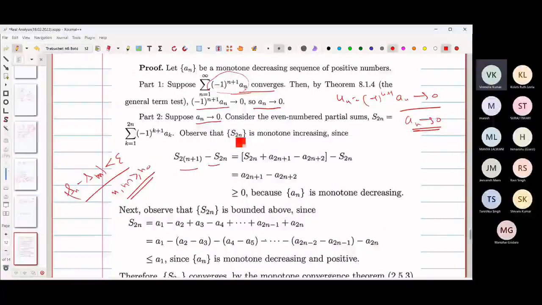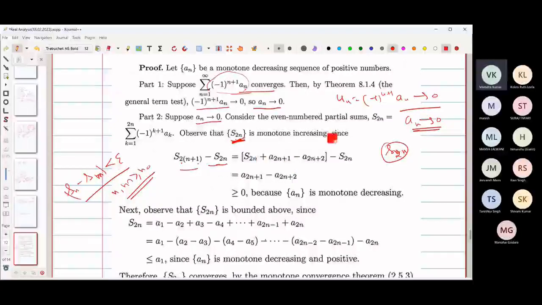So यहाँ पे क्या है? They have created a sequence of partial sums. First 2n terms they are taking. When we write like this, it means we are adding some first n terms. If we are writing 2n, it means we are adding first 2n terms. So they have added here 2n terms, and here they have added first 2n plus 1 terms.